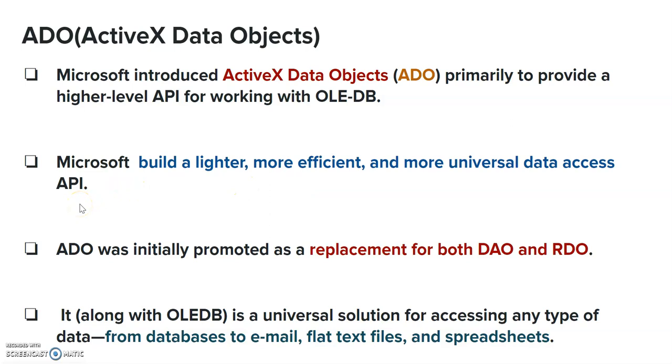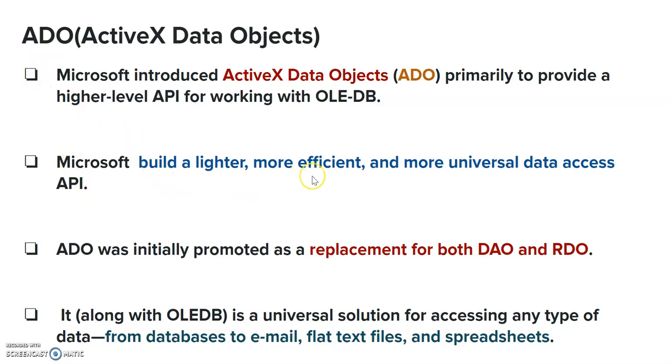More universal means you can access any type of data source, not only MS Access. It can be any other data system, an open source data system, or it can be stored in a non-relational database. Every kind of database you can access with this ADO.